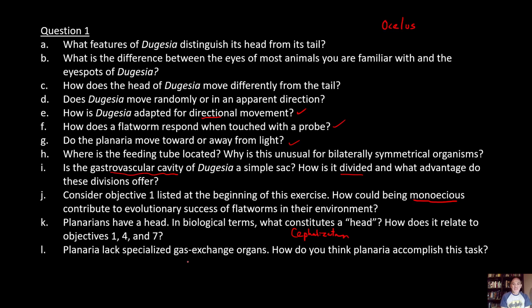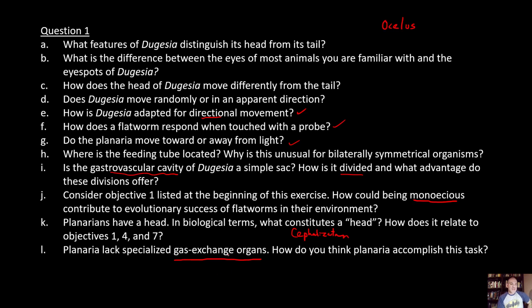Now, the planaria doesn't have a specialized respiratory system so that it can exchange gases with its environment. They're going to need oxygen and give off the waste carbon dioxide, like any animal would. And how would this be accomplished? Well, the planaria is pretty flat, so this animal can exchange gas with its ectoderm and even its endoderm within the digestive tract.